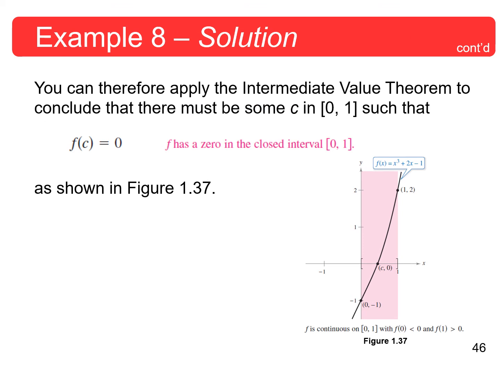You can therefore apply the intermediate value theorem to conclude that there must be some c in the closed interval [0, 1] such that f of c is 0, because 0 is between -1 and 2. So by the intermediate value theorem, there is a c such that f of c is equal to 0.